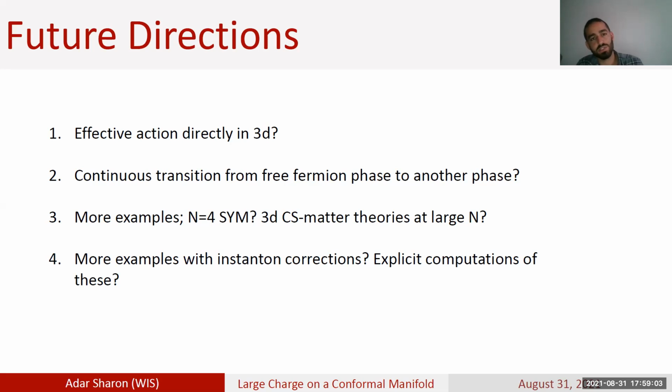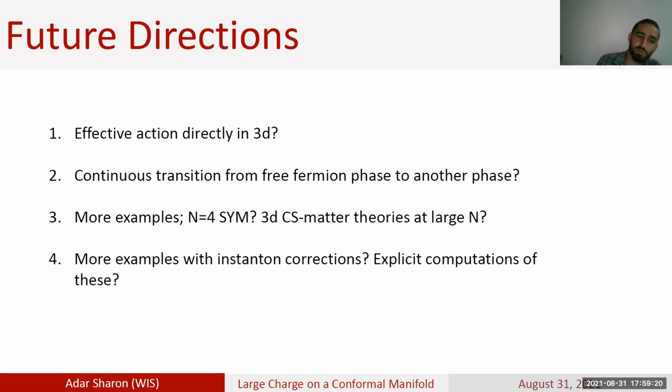Another nice thing to do would be to see a transition between the free scalar phase and one of the other two phases. So we only found a transition between this free scalar phase and the superfluid phase, but it would be nice to see if this third phase is also continuously connected to the other two.